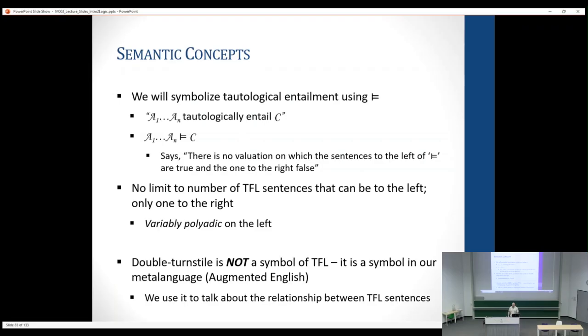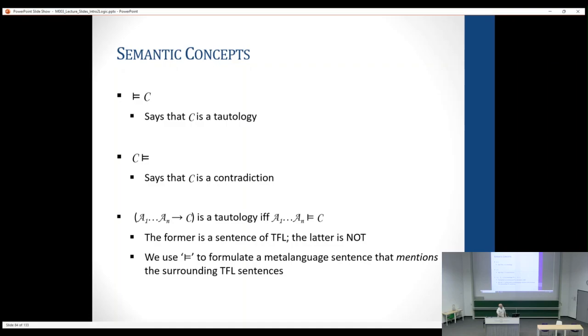Using this double turnstile, we can say some other things in shorthand. We can say this, where we've got the double turnstile with nothing in front of it and a sentence. This is a cute shorthand way to say that C is a tautology. It depends on nothing.